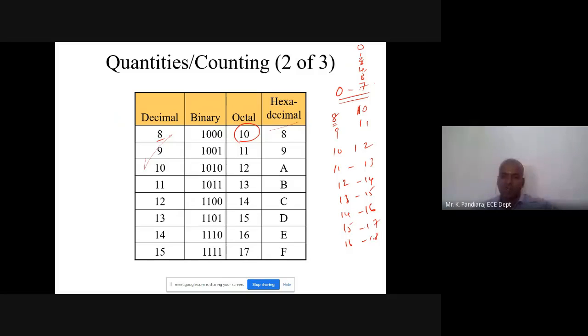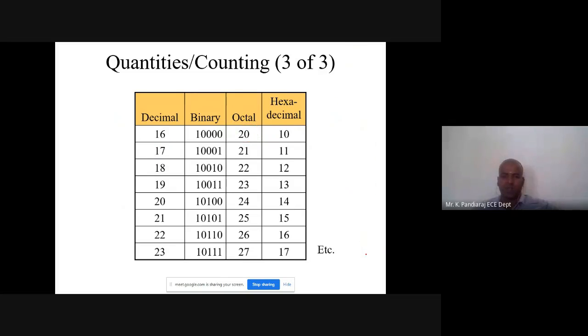Sorry, 16 is 2, 0, because the 7 is now over, so we need to increase the second digit. So it is 2, 0. Then 17 is 2, 1. Like that we need to increase.